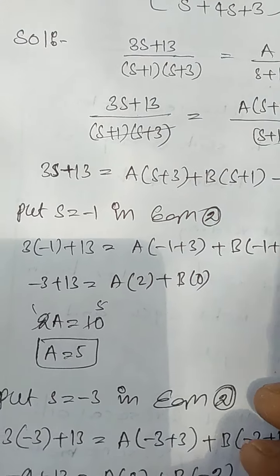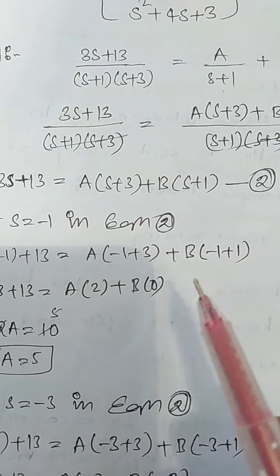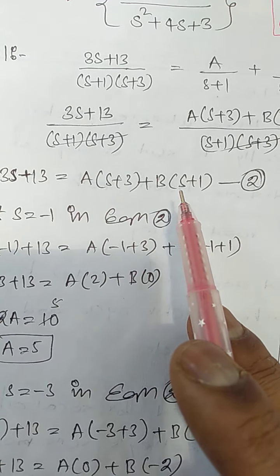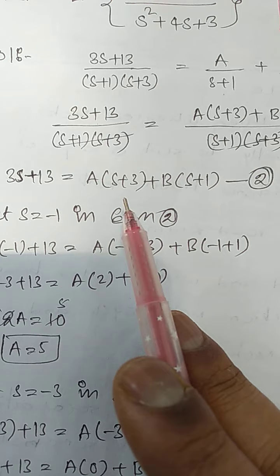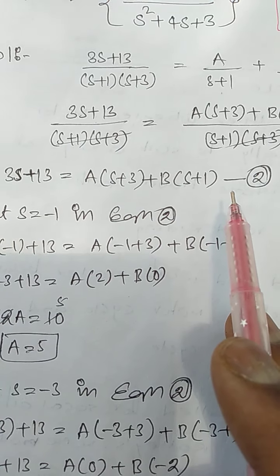assume as equation 2. Here we have to find the values of A and B by using the trial and error method. First we find the value of A: s + 1 = 0, so s = -1.